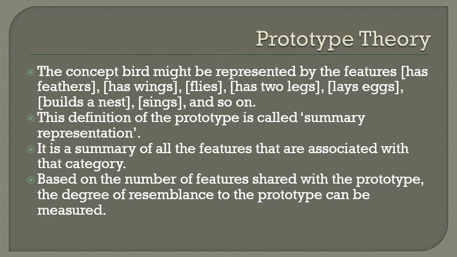But take a penguin: it does not have feathers, it cannot fly, and I don't think penguins can build nests either. So already these three features are not satisfied by the penguin. That means the penguin is not going to be situated in the center of this concept, but somewhere in the periphery, right?